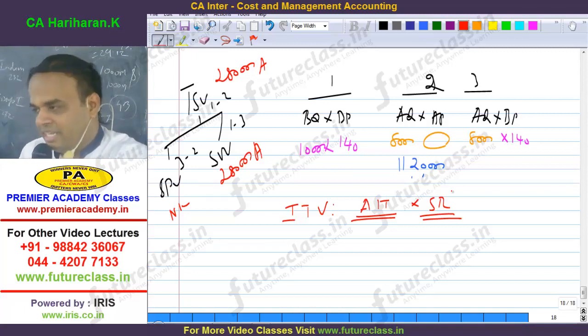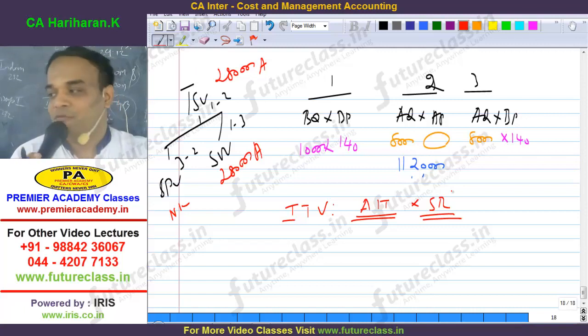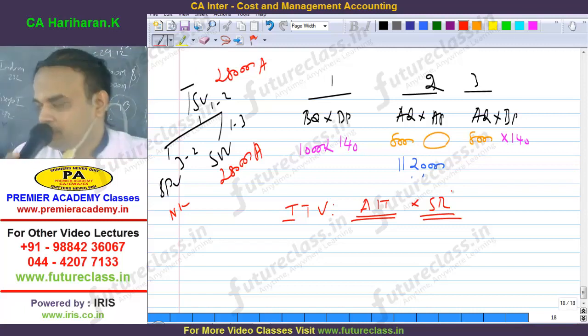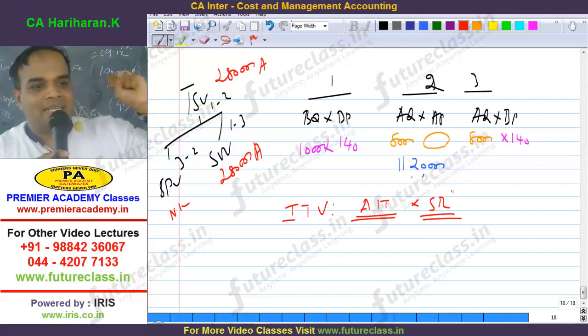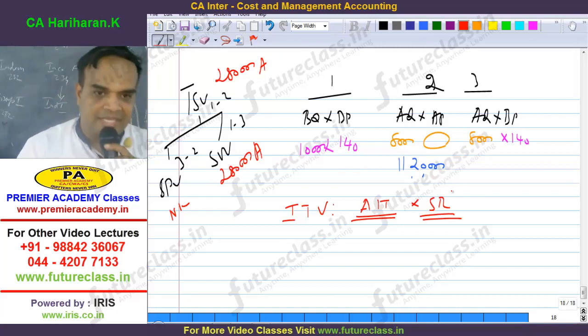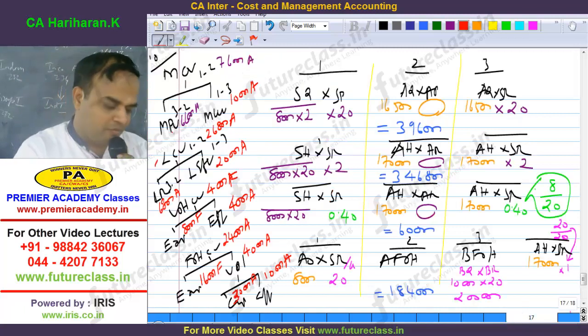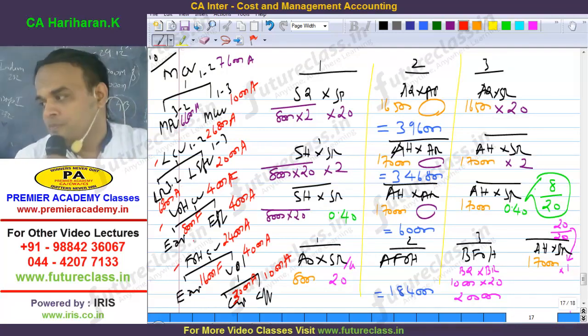Impact on idle time variance will not be there in material. It will be there in labor, variable overhead and fixed overhead also.